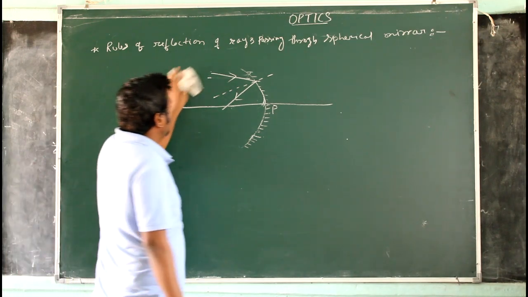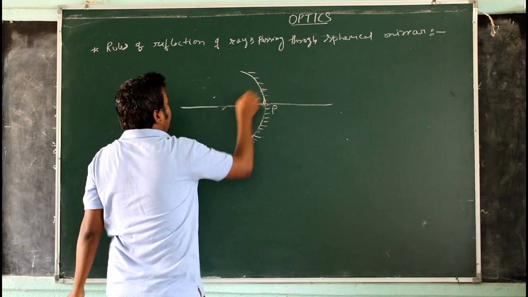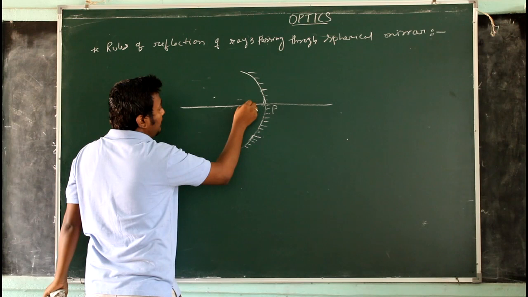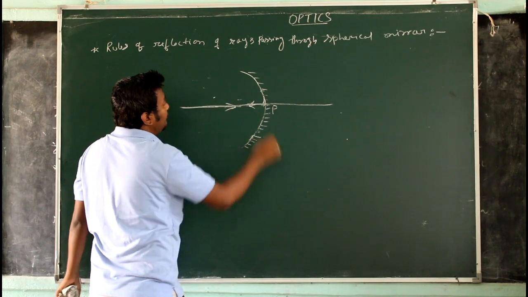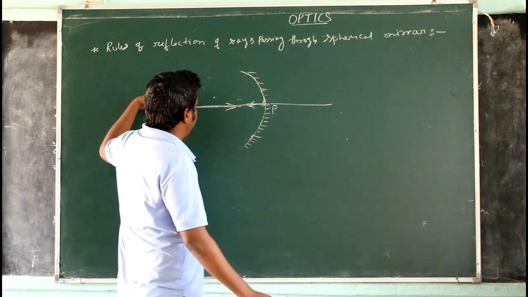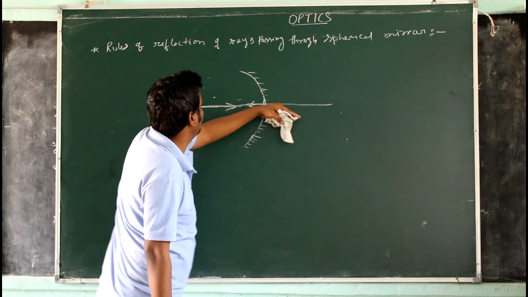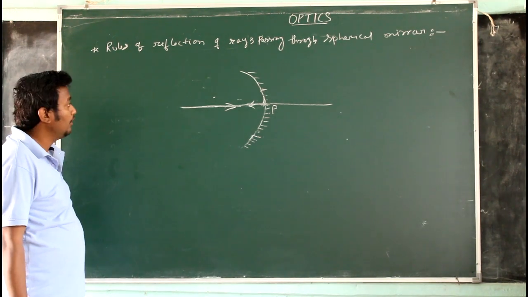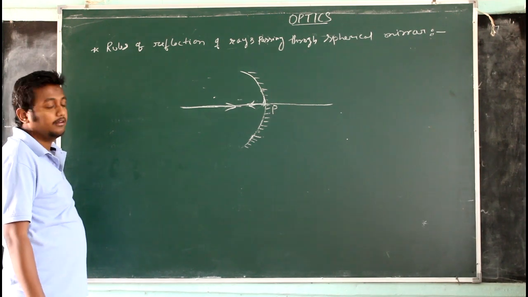Now, one more: if a ray comes straight along the principal axis, it is incident normally on the mirror, and after reflection it will follow the same path, in the same direction. So these are the different rules of reflection in a concave mirror.